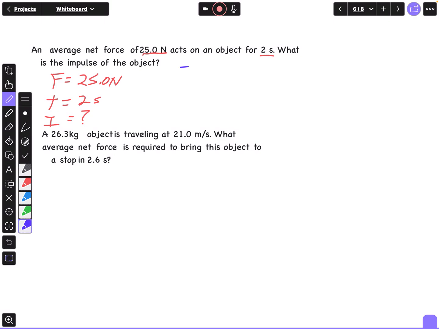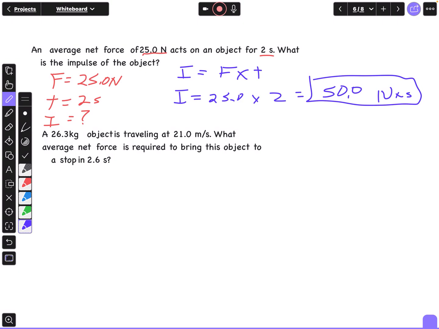In my equation, impulse is I equals F times T. And I just plug my numbers in. I is equal to 25.0 times 2, which would equal 50.0 newtons times seconds. Now I could have said 50.0 kilograms times meters per second, since that's the same unit, but it doesn't matter.